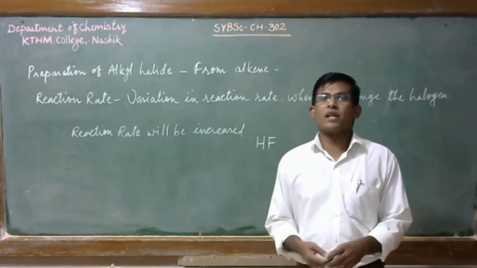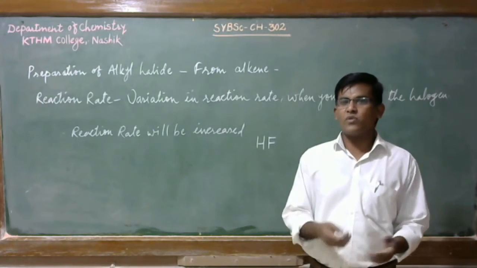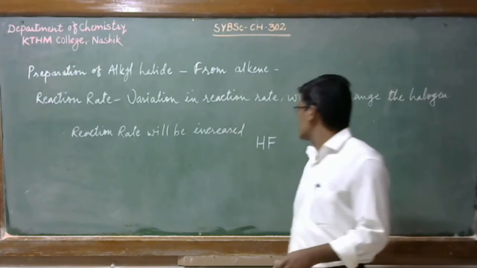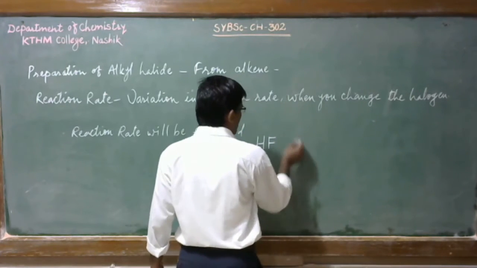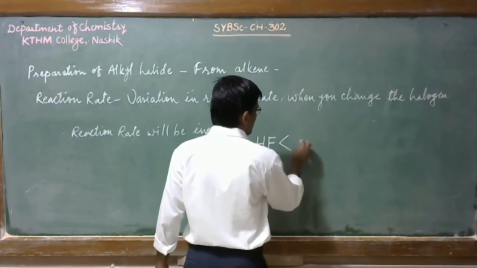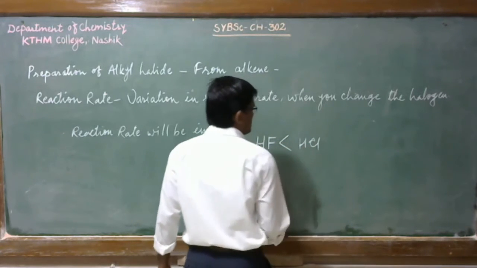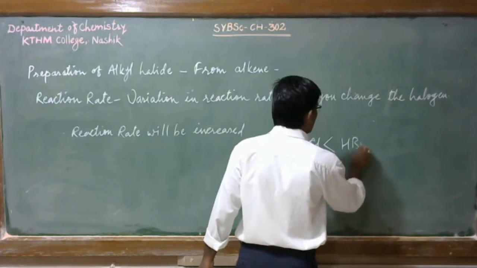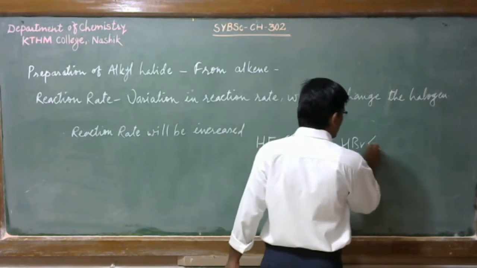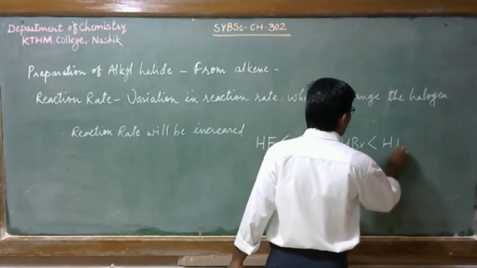As the size of the halogen increases, the bond becomes weak. So the reaction rate of HF will be lower than HCl, HCl is lower than HBr, which in turn is less than HI.